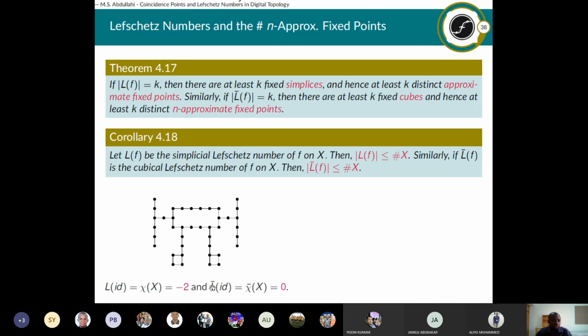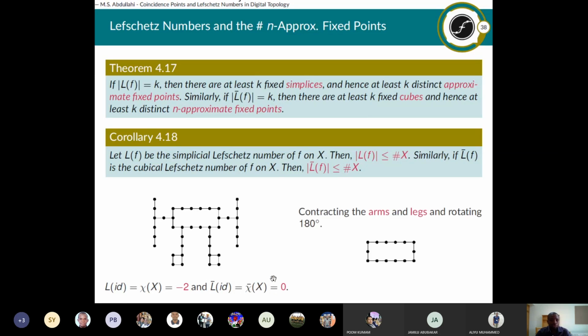And we also end up having -2, which tells us that this identity is strongly homotopic to some mapping that has 2 fixed points. But in this case, the cubical Lefschetz number, which is the same as the cubical Euler characteristic, is going to be 0.